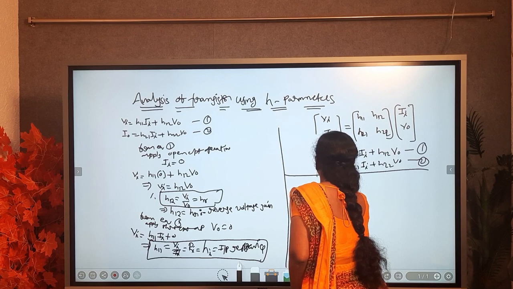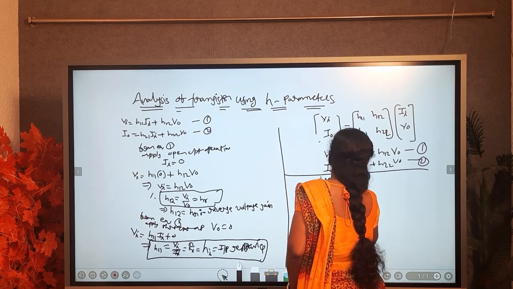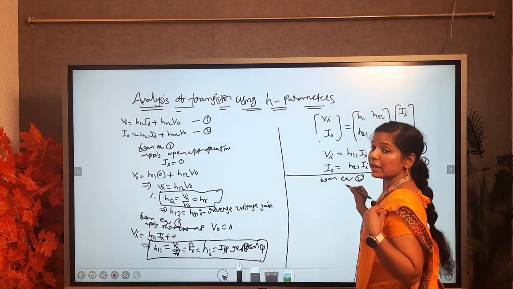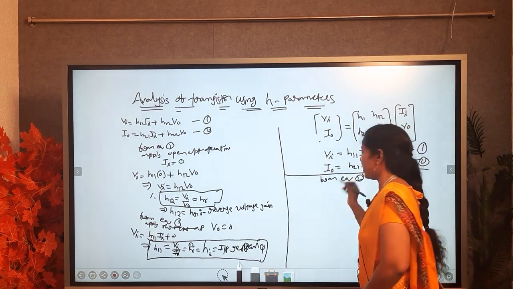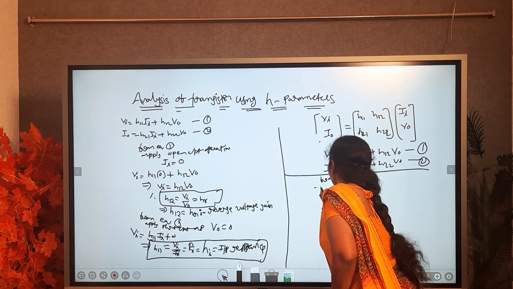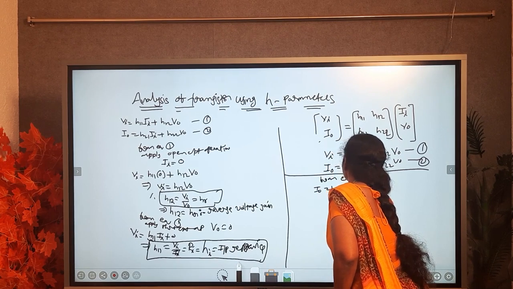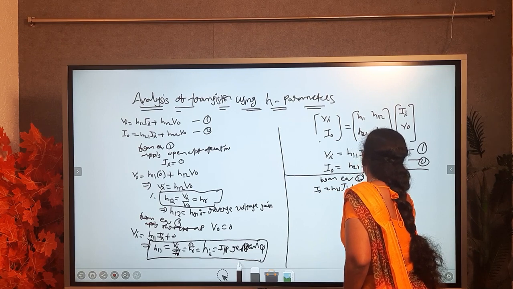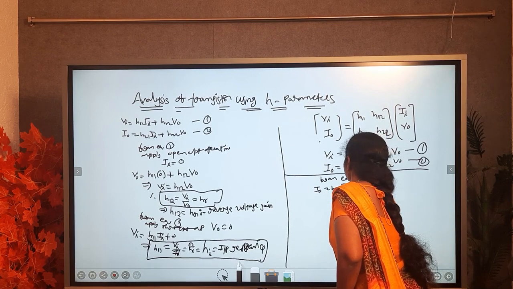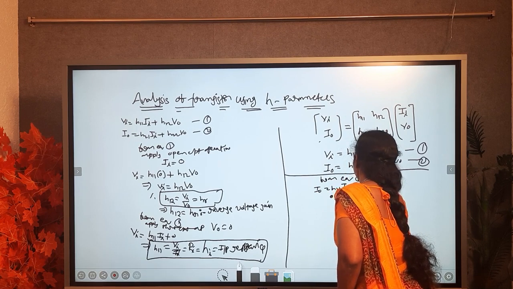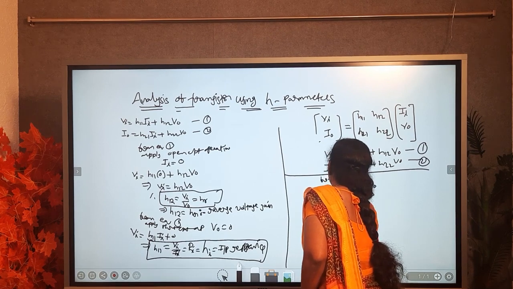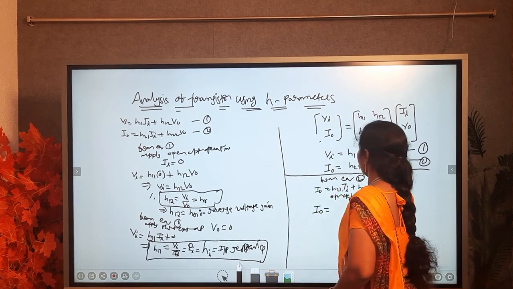From equation 2, apply the short circuit and open circuit operation. I naught equals H21 II plus H22 V naught. Perform the open circuit operation, means II equals 0, so I naught equals 0 plus H22 into V naught.